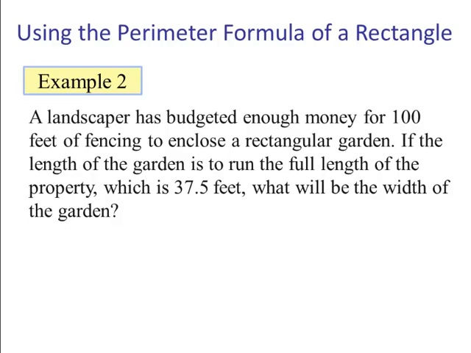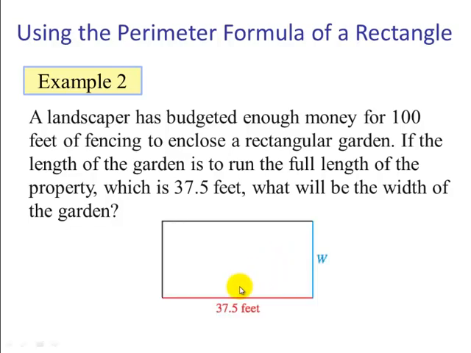If the length of the garden is to run the full length of the property, which is 37.5 feet, what would be the width of the garden? It's always a good idea to draw a picture. This time we're given perimeter, the distance around, so this length plus this length plus this length plus this length will have to be 100, and then we're going to solve for W.